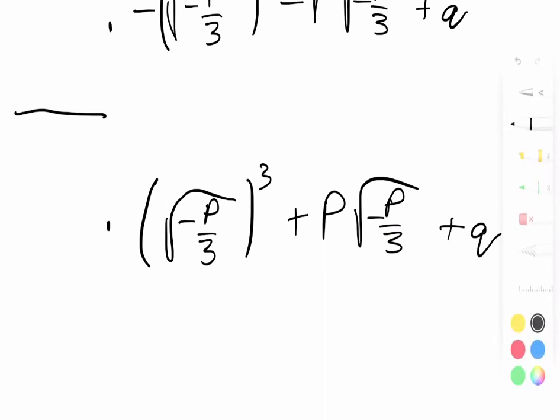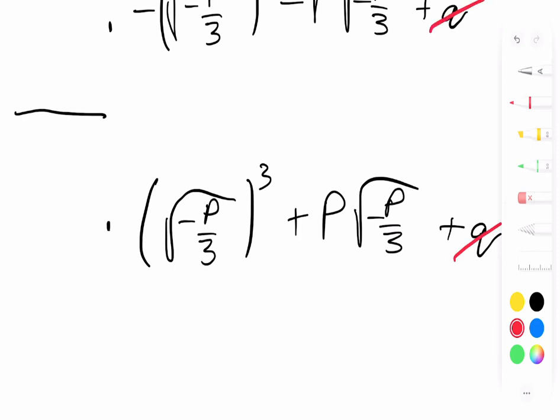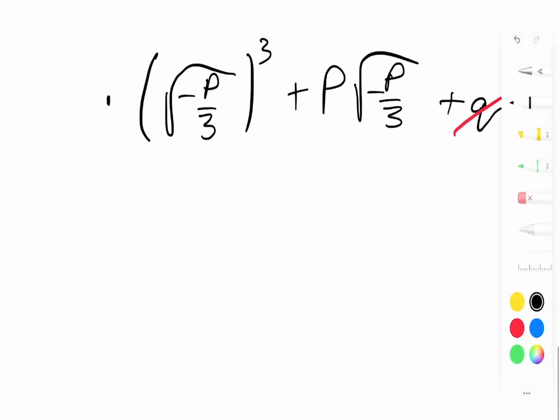Now, these q's will cancel. And so what we'll be left with is, I'm just going to change colour again, if it lets me. What we'll be left with is DIY, great joke.